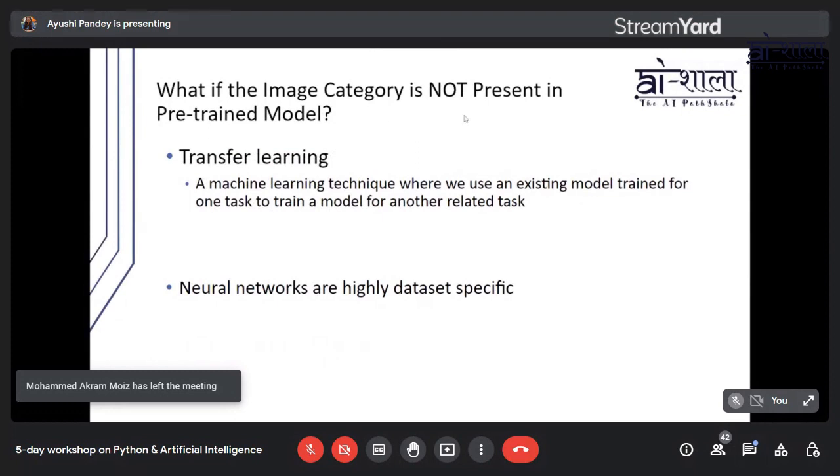So what if the image category is not present in the pre-trained model? So first we can use transfer learning. What transfer learning is, is a machine learning method where we use the pre-trained model as the starting point for a new model.